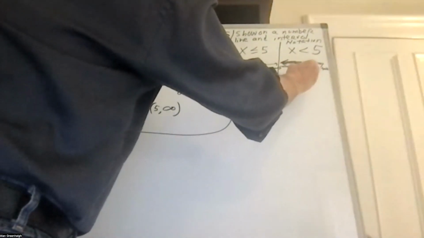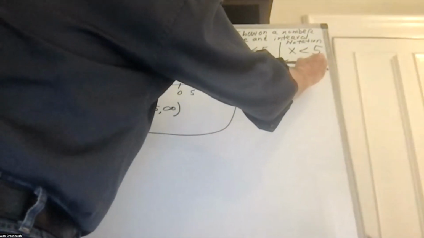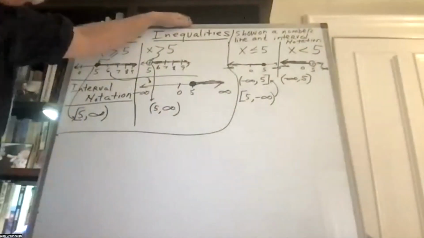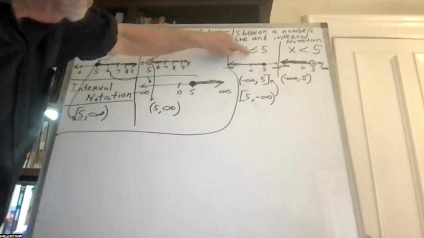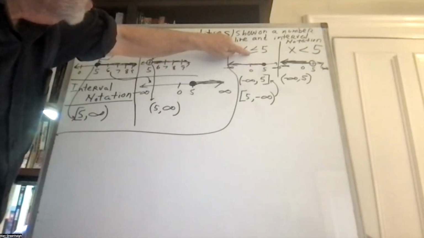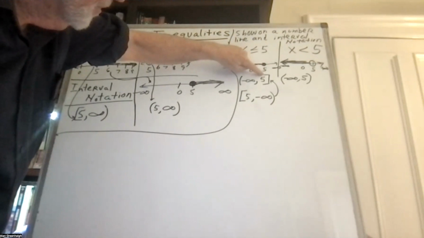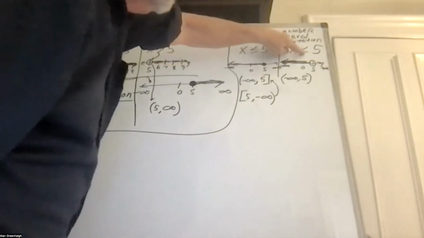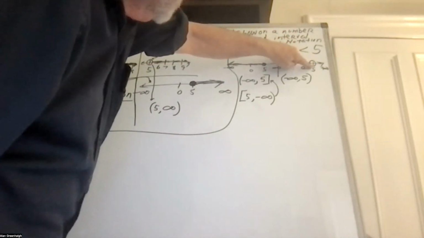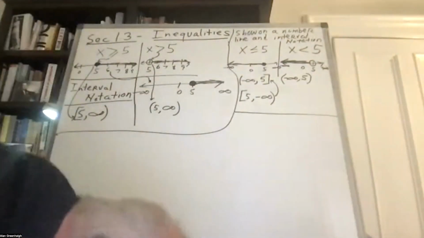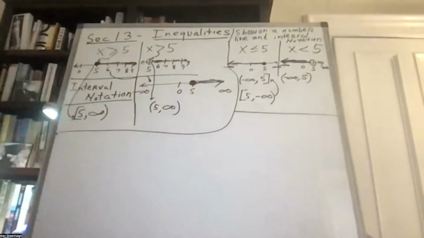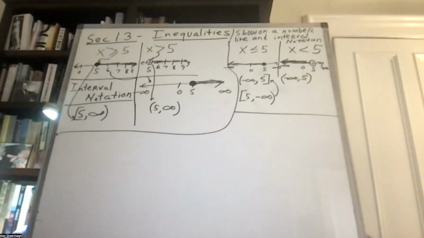And once again, negative infinity to 5, and this is a parentheses. The closed-in dot, the line underneath the inequality, means bracket. No line, no shading in, parentheses. That's the beginning of inequalities.